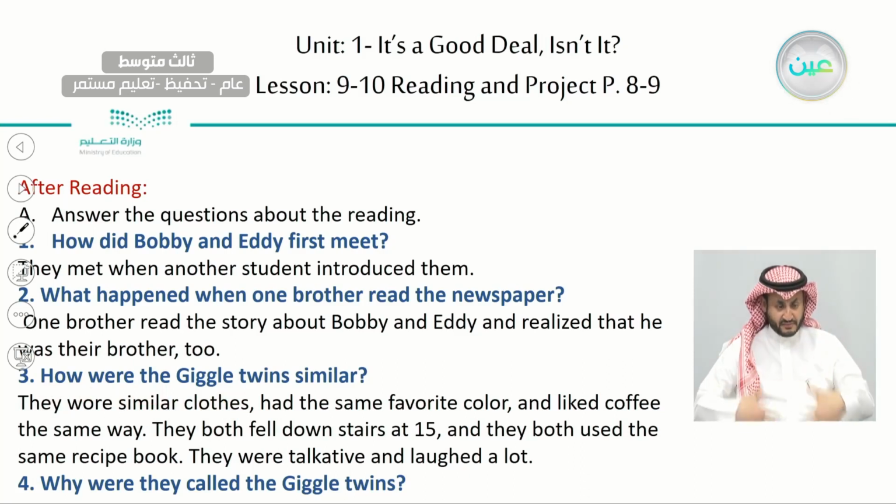They had the same favorite color and liked coffee the same way. They both liked coffee. They both fell downstairs at 15 and they both used the same recipe book. They were talkative and laughed a lot. So all of these are the similarities between the Giggle friends.